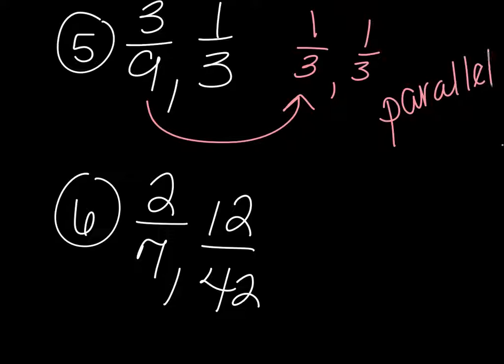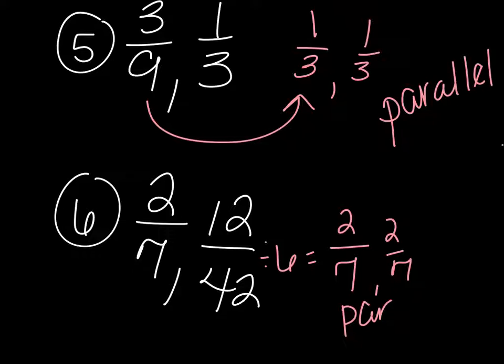They are exactly the same after I've simplified. And the same thing is going to happen on number 6. I'm going to have to simplify. I know 6 goes into both 12 and 42. 6 goes into 12 2 times, and 7 times into 42. So if I bring over my other, those are also identical and they are parallel.